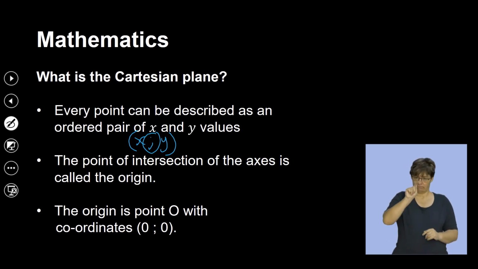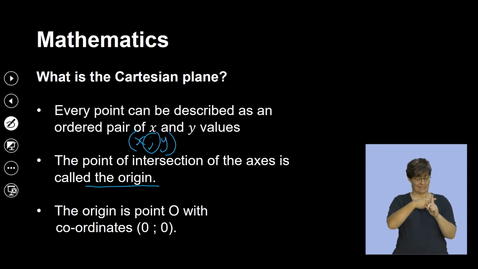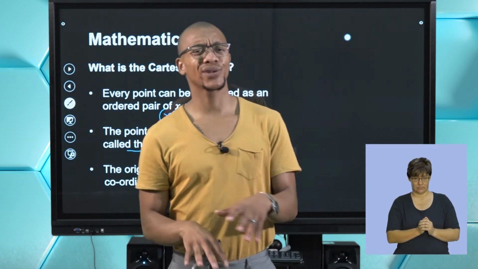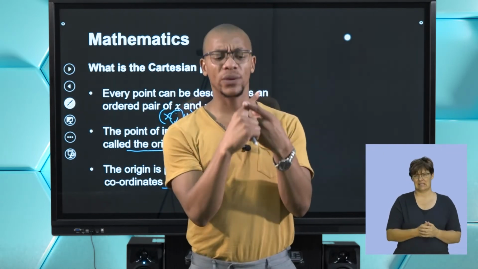So the point of intersection of these axes, remember we said, is called the origin, which is where everything starts. The origin is the point O. We normally label it with just O, O for origin, and the coordinates are normally 0 and 0. Now, I've seen people draw their Cartesian planes and start having 1 or 3 on the origin.